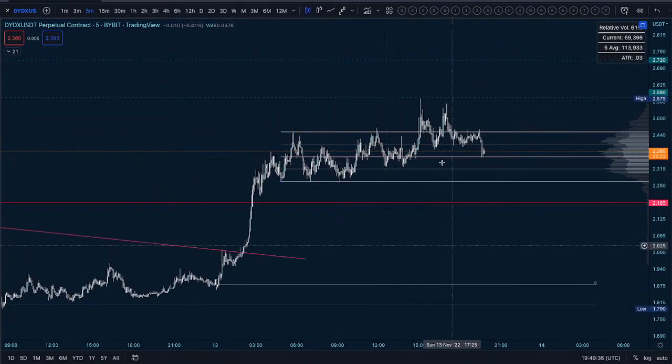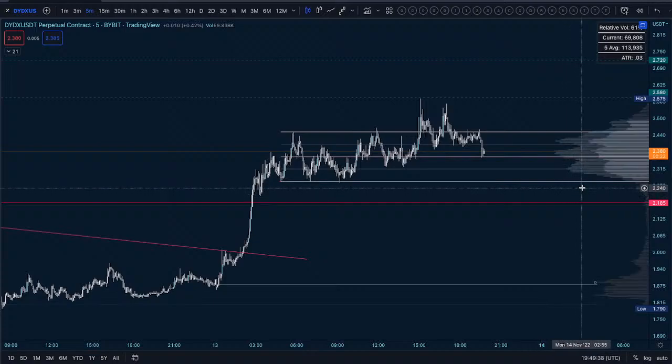And I'm not going to keep it too long. I'm going to mostly be out. Actually, let me put a target there so I don't forget. These lows are juicy.